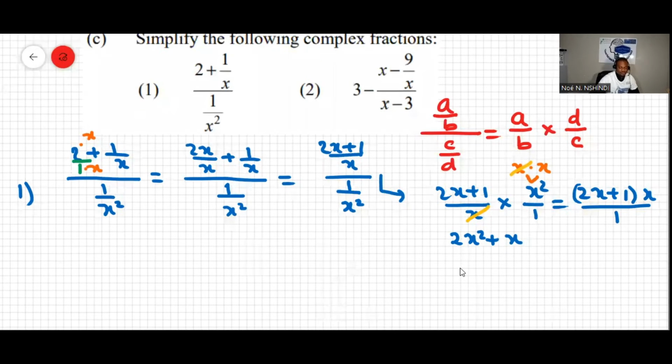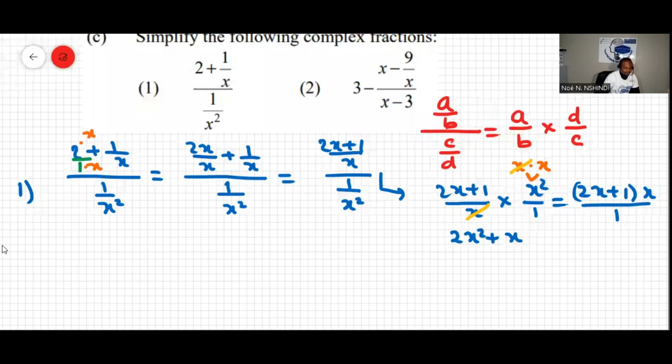Okay, now we can also do question 2. Question 2 is 3 minus x minus 9 over x, all over x minus 3.